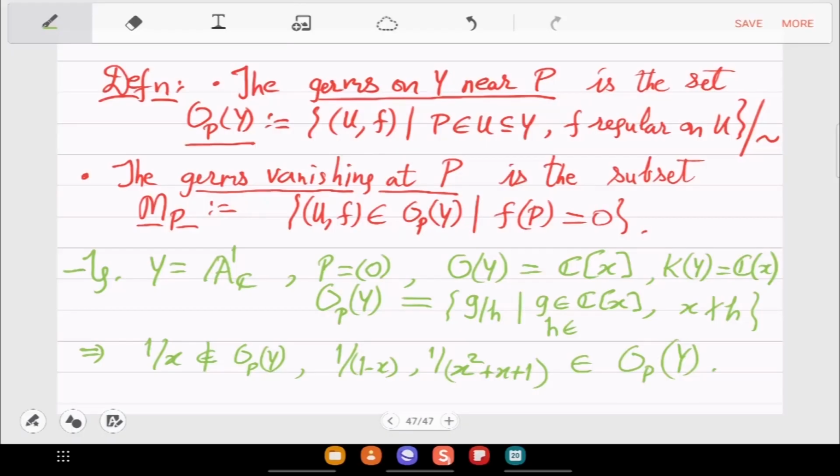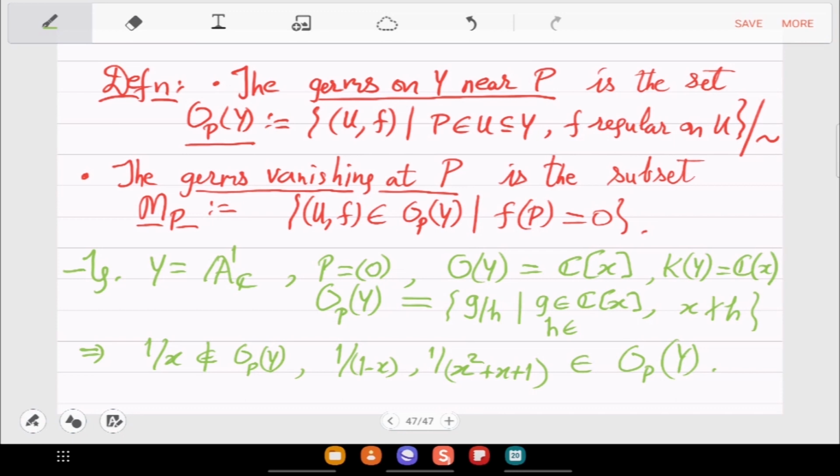Okay, so in general, we can unpack this definition in algebra and we can just say that this is some localization of the coordinate ring, where localization means that you are allowed to divide polynomial g by certain polynomials, not all. In particular, in this case, you are allowed to divide by an h which is not a multiple of x. Okay, so these are the germs on the affine line near the point 0.